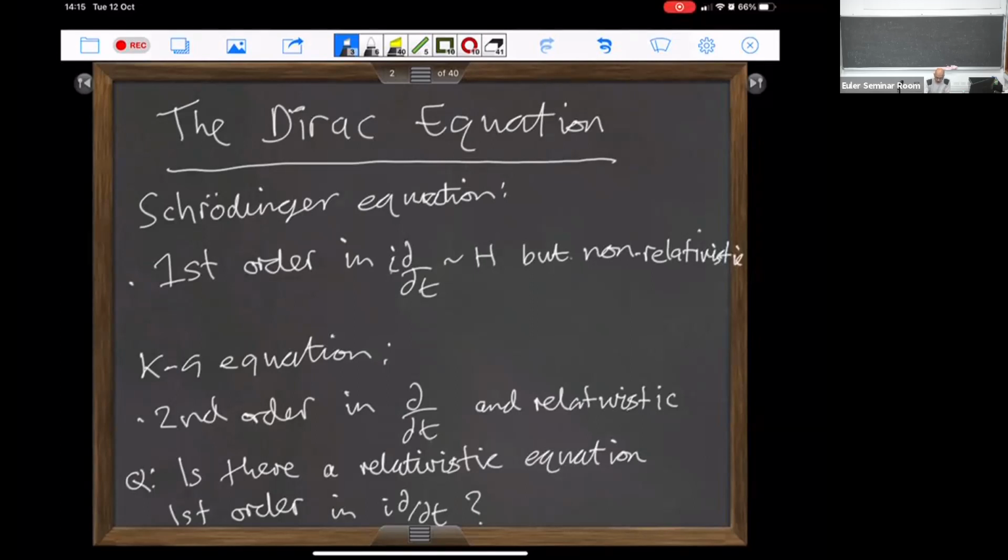The answer is yes, and that equation is called the Dirac equation. It is extremely important because it's used to describe fermions in relativistic environments, and is therefore a key ingredient of the standard model of particle physics.